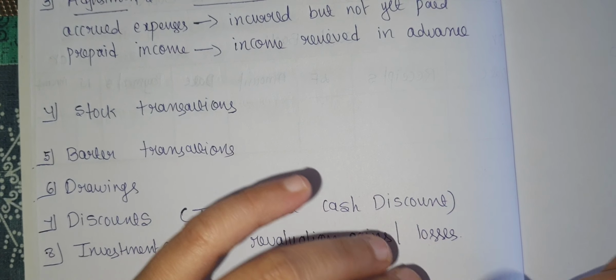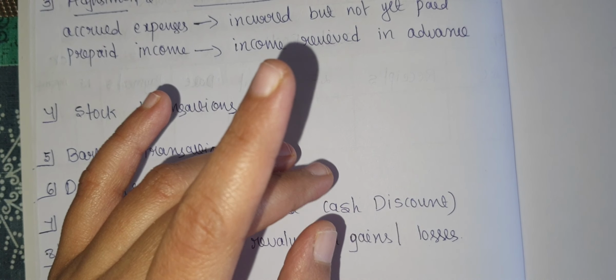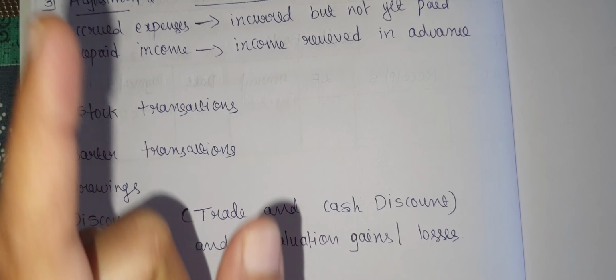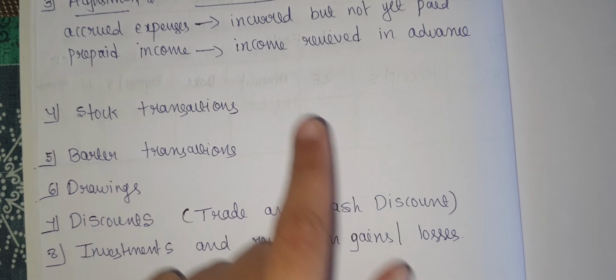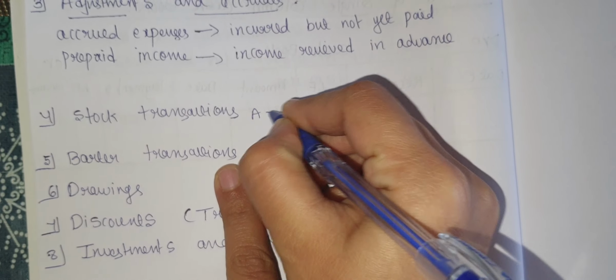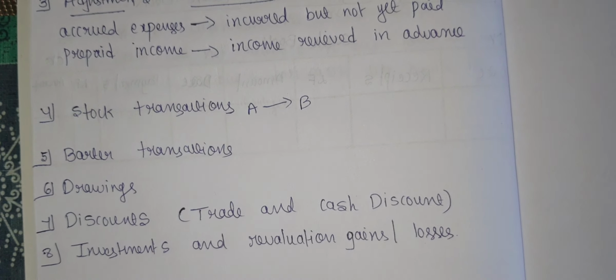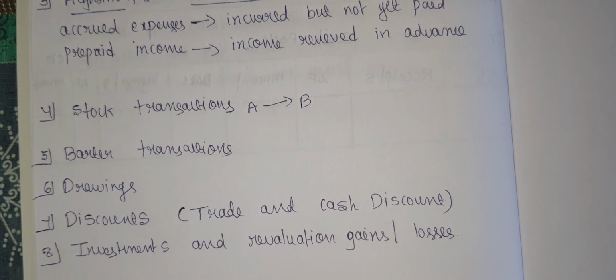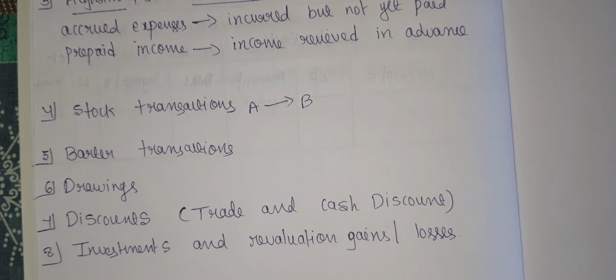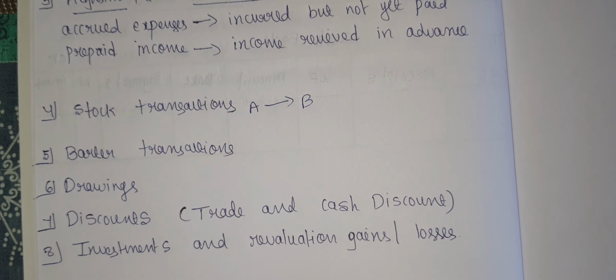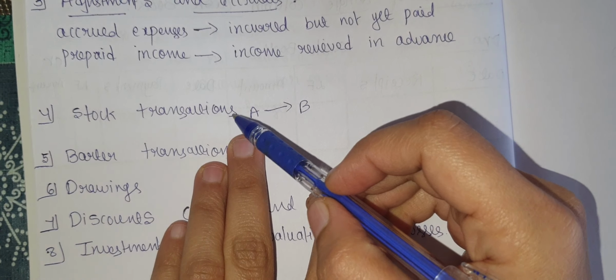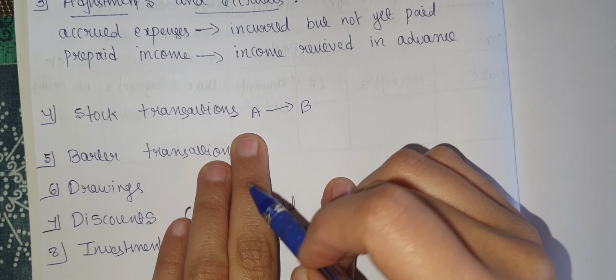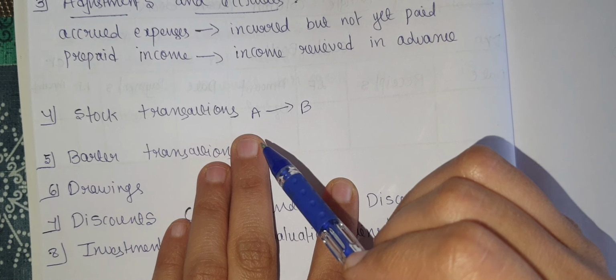For example, transferred stock from warehouse A to B worth rupees 20,000. Such transactions affect the stock account but not cash flow. So stock transactions, movement of inventory, are not included in the cash book.